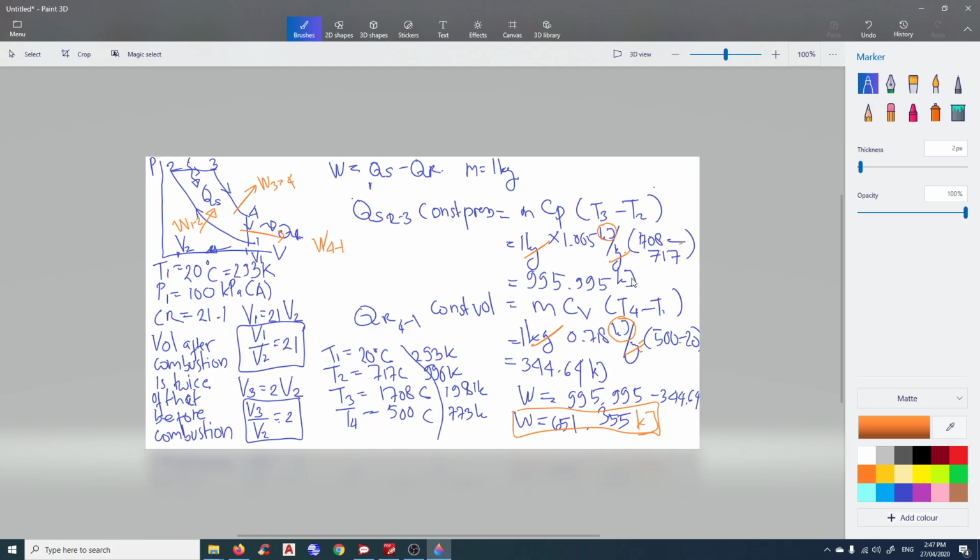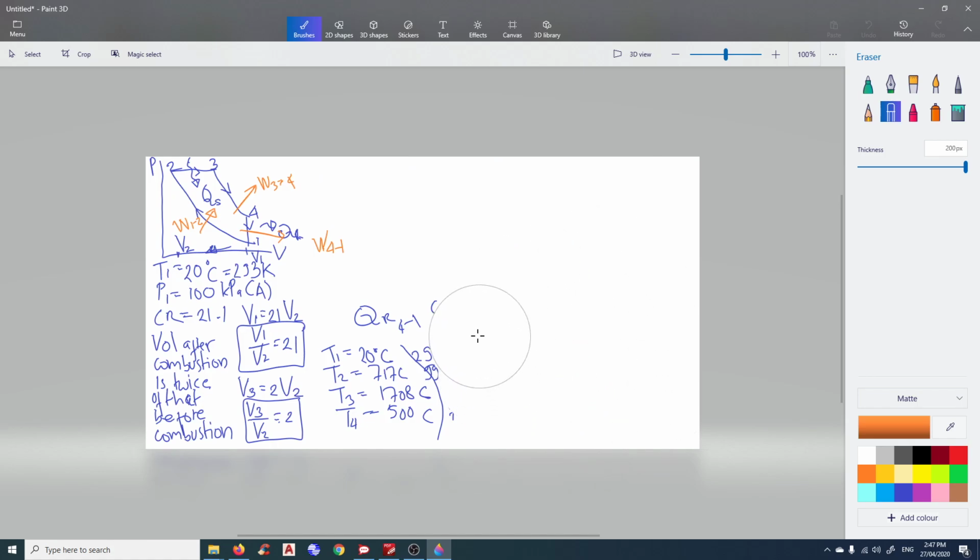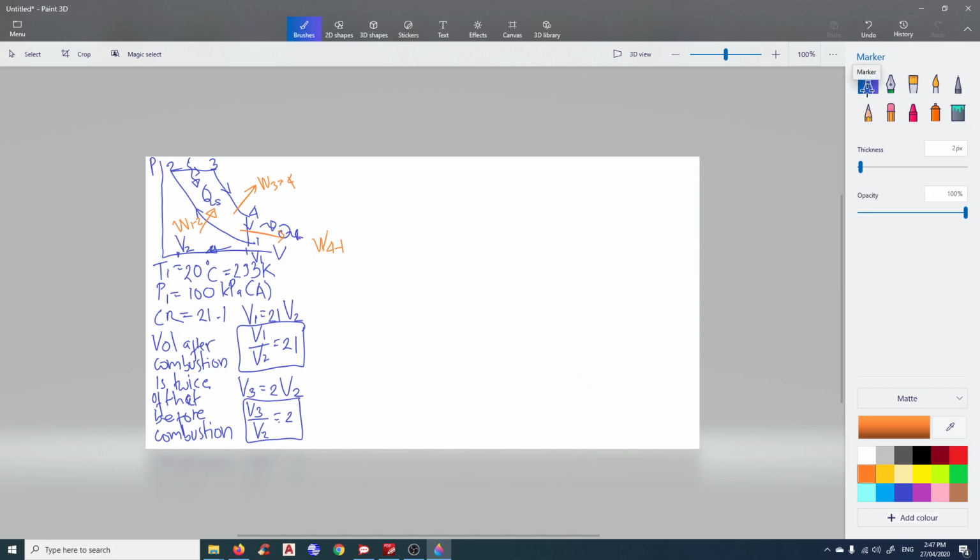The next question, question C, what is the heat being supplied per kilogram of fuel? So he's asking what is the heat coming in from point 2 to 3. As you can see here, the heat is being supplied from 2 to 3.